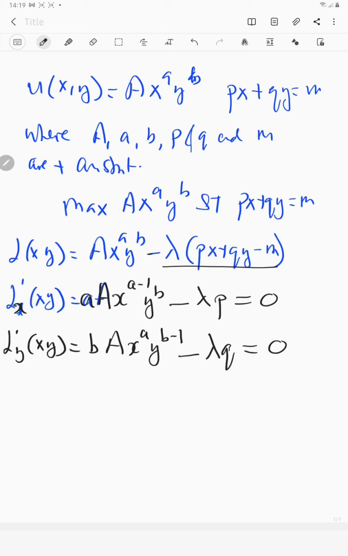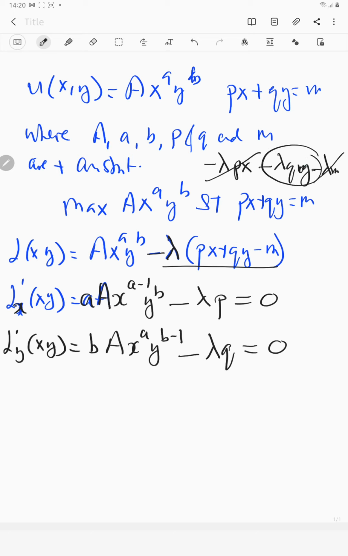Here lambda q comes in because the expression is lambda px plus lambda qy minus lambda m. If you are differentiating with respect to y, the other terms are constants, so what remains is the one which has y.